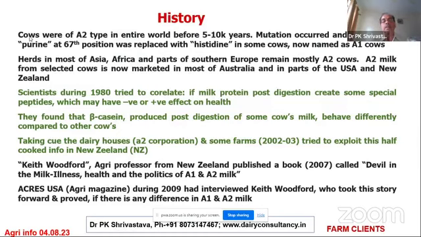So they started studying this, and accidentally found that one kind of protein called beta casein was responsible for many such digestive disturbances. Once the milk goes into the stomach, it is digested and beta casein is formed, and this beta casein is further digested into a different form, which was the reason for the different kinds of symptoms of stomach disturbance.